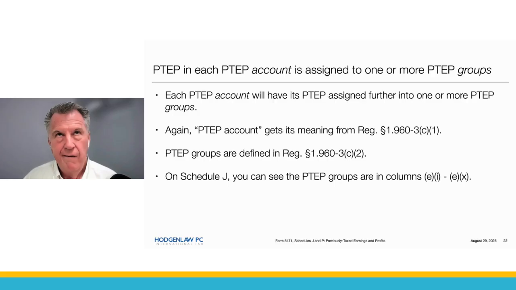So that's 960(a) for subpart F, 960(d) for 951A income. So this is just a simple example of why they want you to divide it all into these tiny little PTEP groups, so that when it comes time to take that PTEP and use it elsewhere for other reasons, they can get the right results they want, in this case, for the purpose of the indirect foreign tax credit under Section 960.